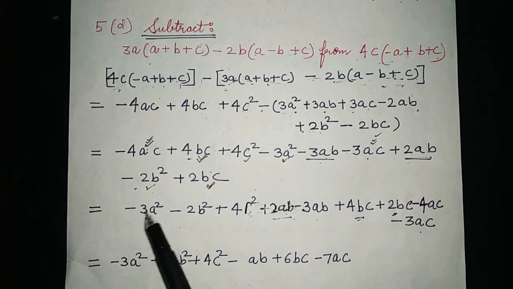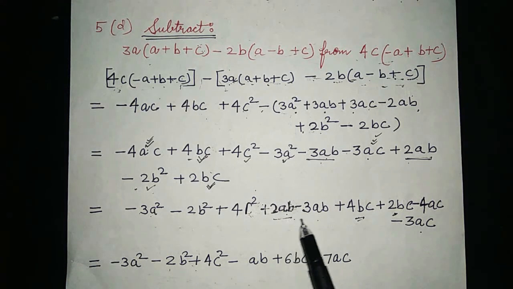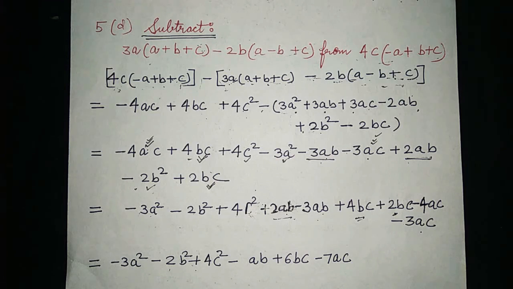Now minus 3a square we will write. Then we will write minus 2b square. After that we can write plus 4c square. Now plus 2ab and minus 3ab both are like terms.